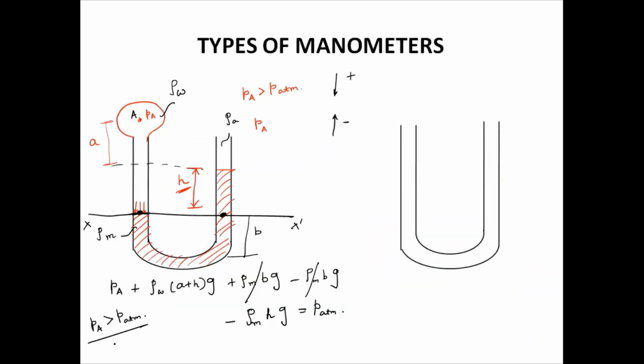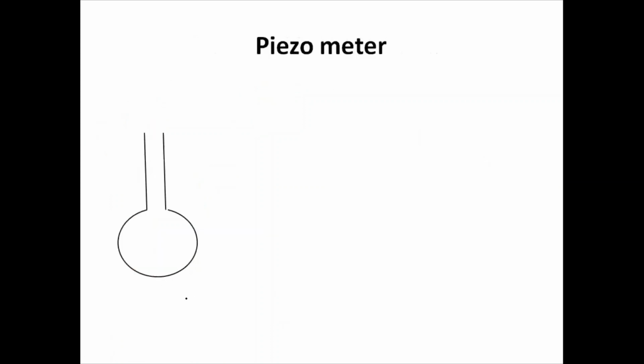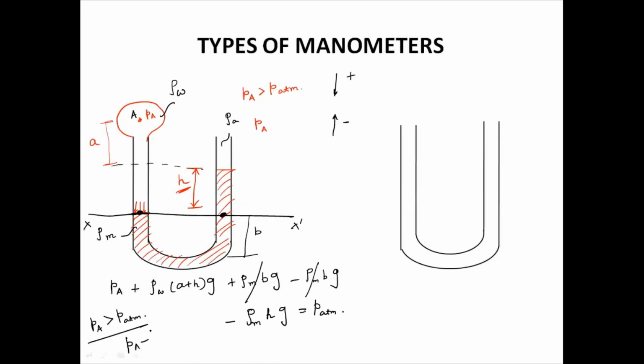So in terms of the H you are getting, this PA minus P atmosphere, the gauge pressure, you will be able to find out from this equation. So that is the manometer. From the manometer, I will show you how to get the gauge pressure.